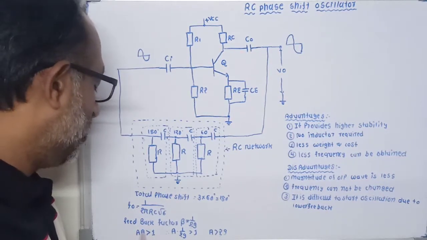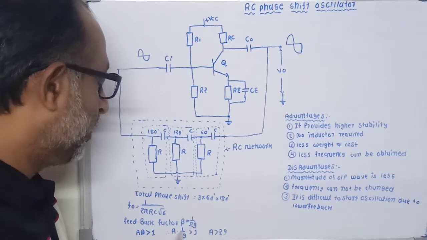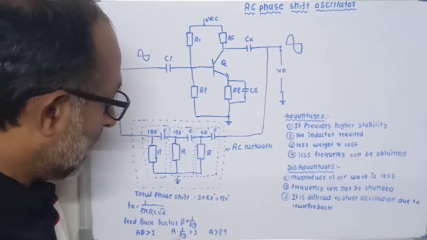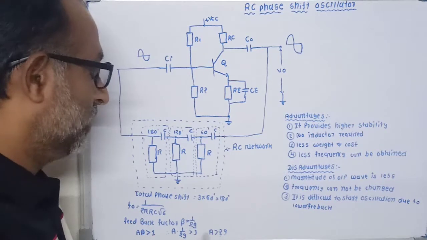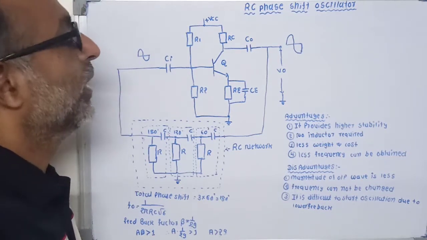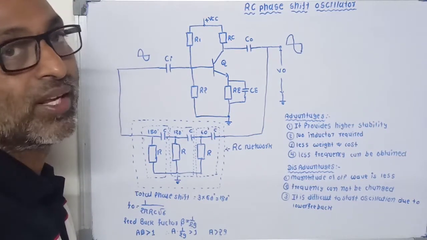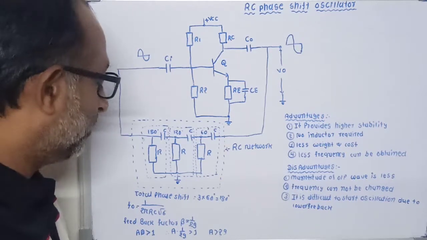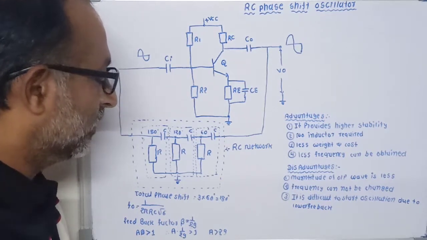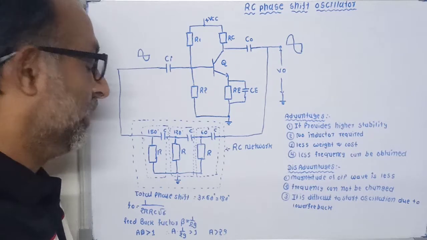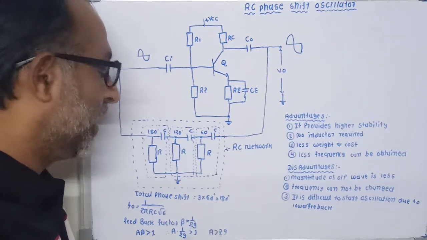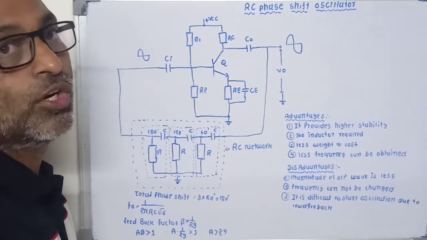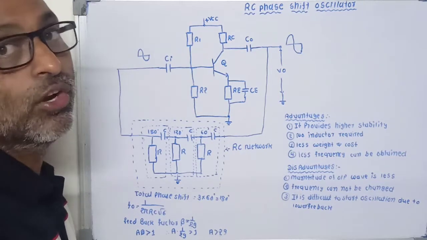So put the value of beta in this equation: A into 1 upon 29 should be greater than 1, so A is greater than 29. So the value of this gain must be greater than 29. If the value of this gain is less than 29, continuous oscillations will not occur.